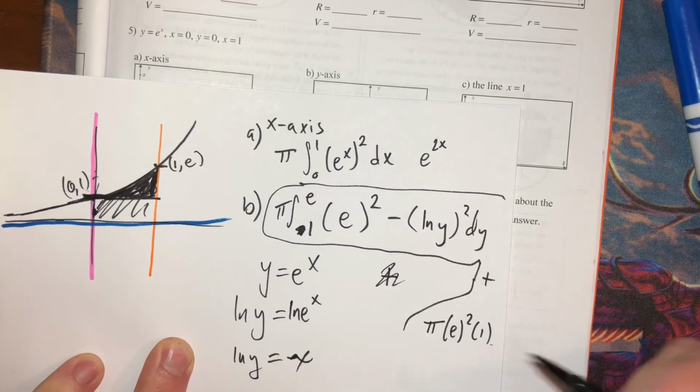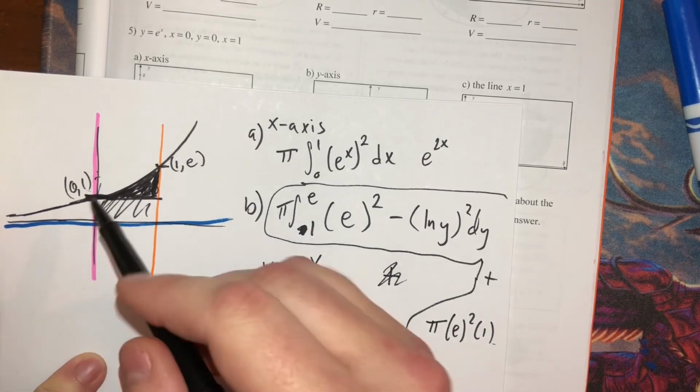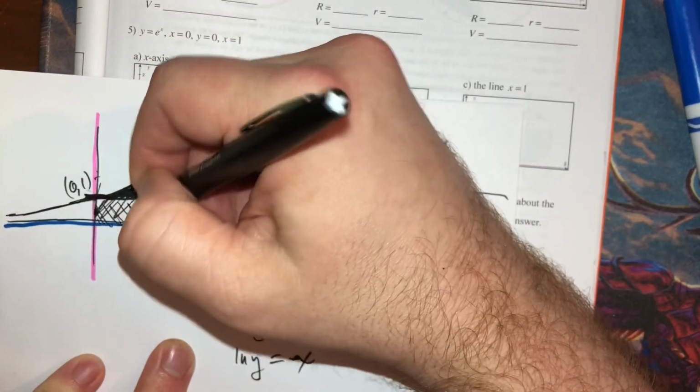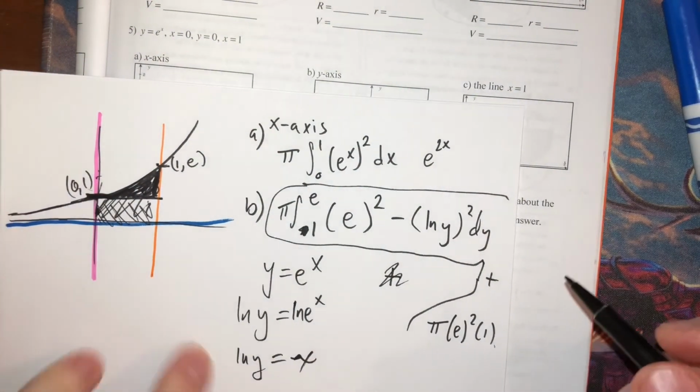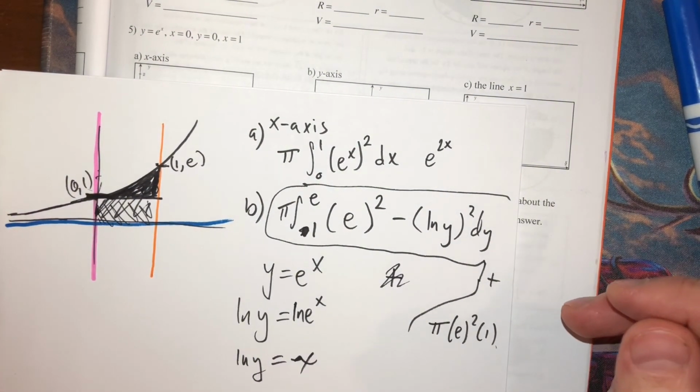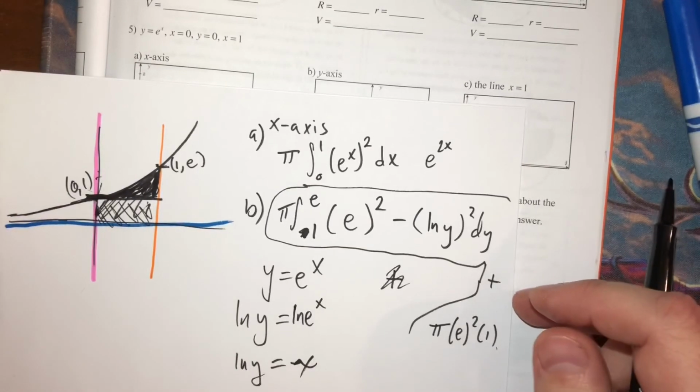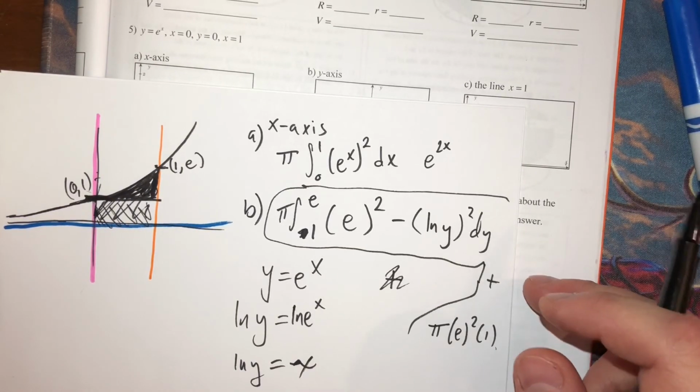Pi r squared times 1. There we go. That takes care of the rest of this. So, straightforward, straightforward, straightforward, straightforward, weird out of nowhere.